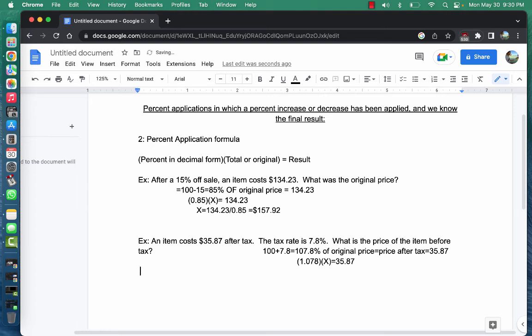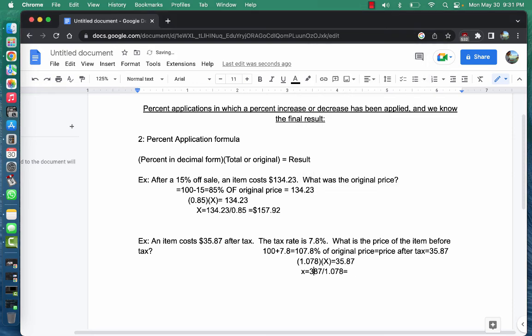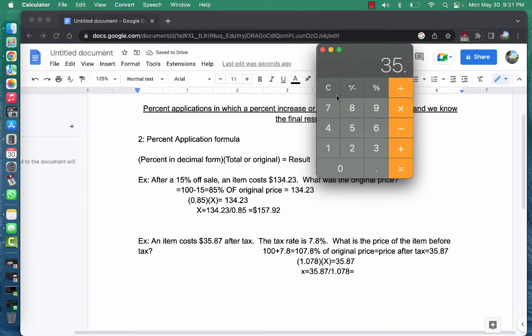So now we're just dividing. X is 35.87 divided by 1.078.